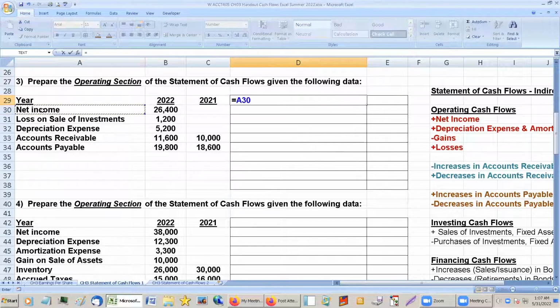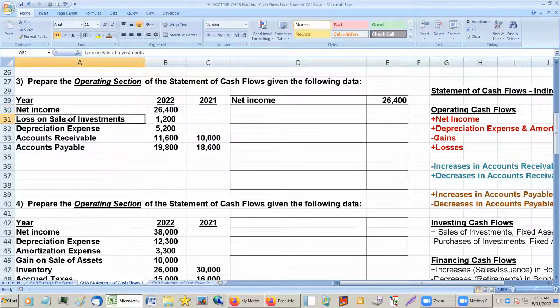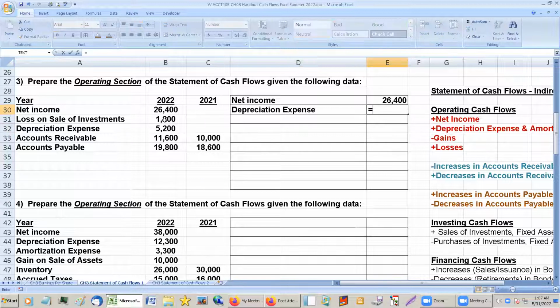Start out the same, net income, depreciation expense. Plus losses. So kind of a weird one, kind of similar to the gain. It will actually be a plus.